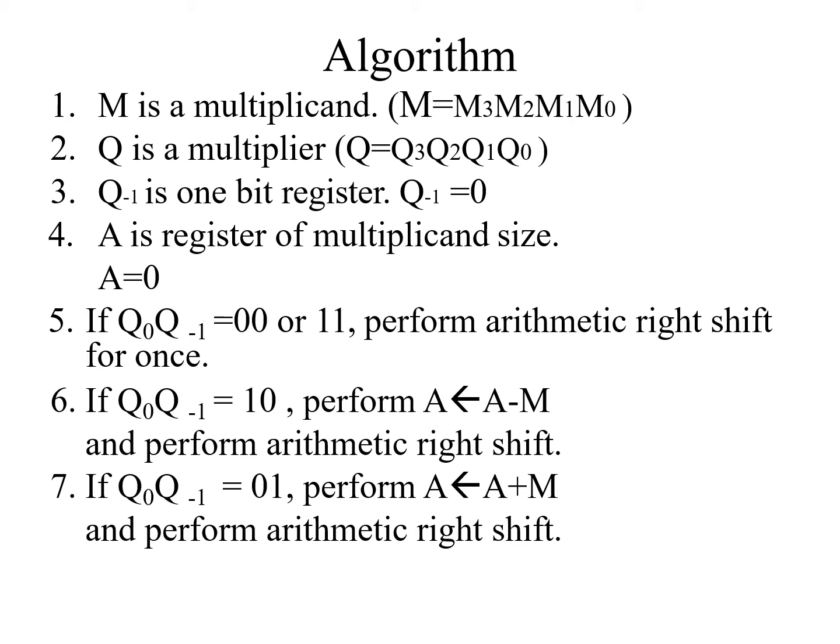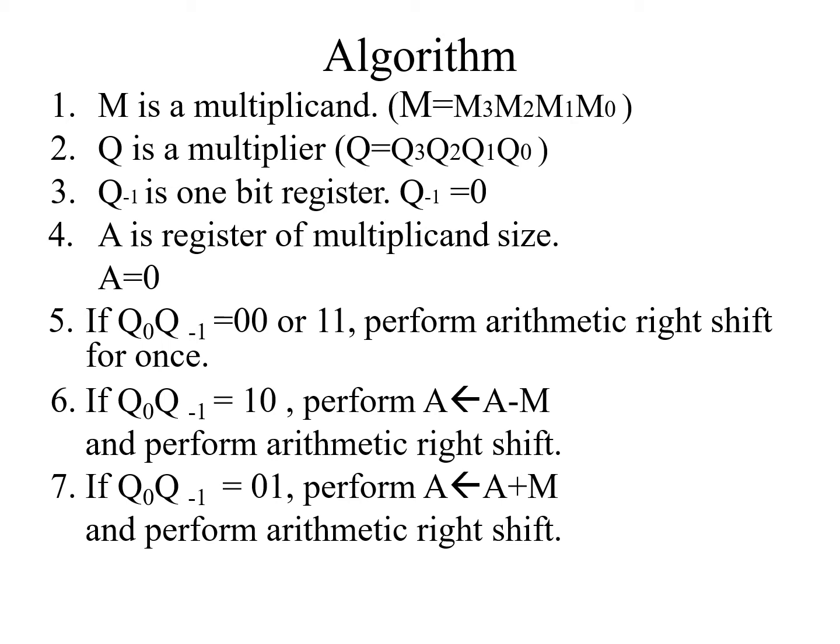Now assume the multiplier is denoted by Q. Say the length of the multiplier is 4-bit, then the bits can be named Q3, Q2, Q1, Q0, with Q0 the LSB and Q3 the MSB. Now one more 1-bit register is initialized with 0 and denoted by Q minus 1. Minus 1 is the subscript to Q.